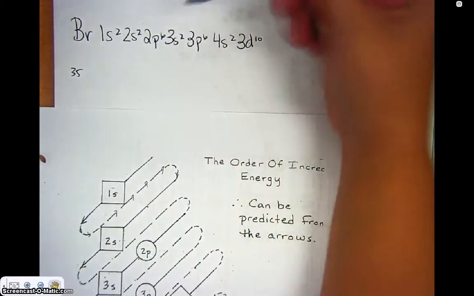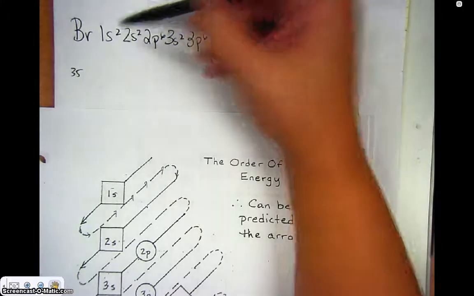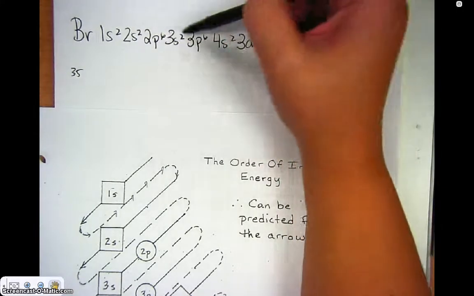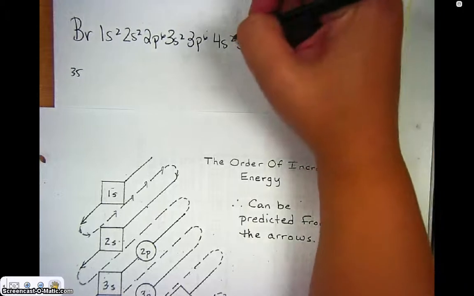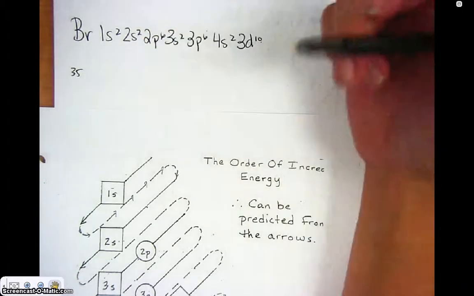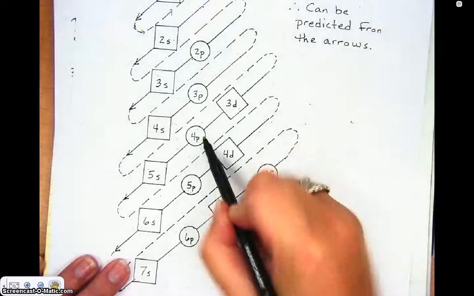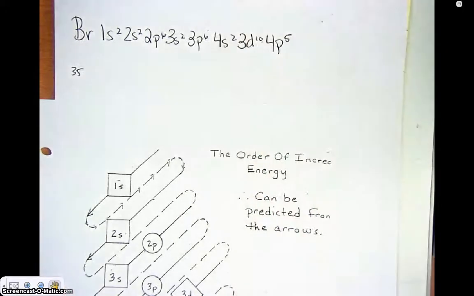Now let's add up my electrons so I know where I'm at. I'm at 2, 4, 10, was 18, so then 18, and then I have 20 and 30, and remember I'm trying to go for 35, so I need 5 more, and from 3d I go to 4p, and I only need 5, so it would just be 4p5.